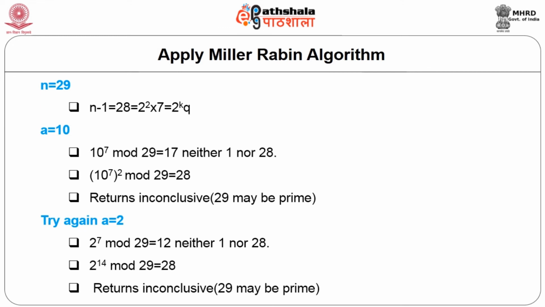We repeated our algorithm with the values 10 and 2. If you want to be more sure, you can repeat the algorithm with other values of a. At least 3 or 4 iterations are needed to be nearly sure that the number is prime. And if the number is not prime, then the algorithm is deterministic, that means it will say that the number is composite.